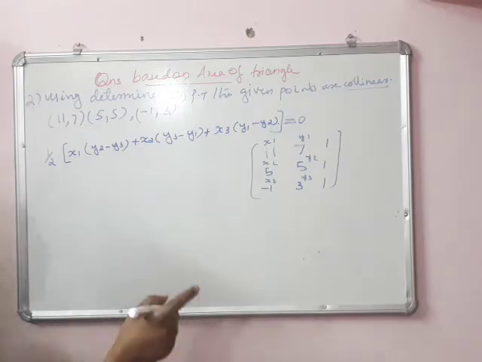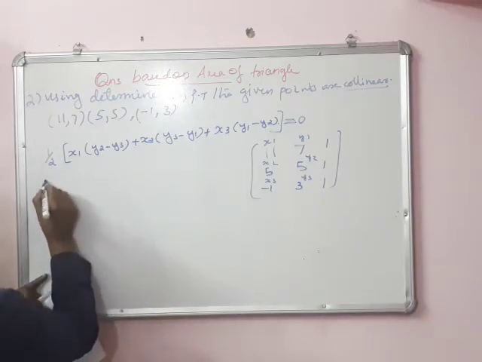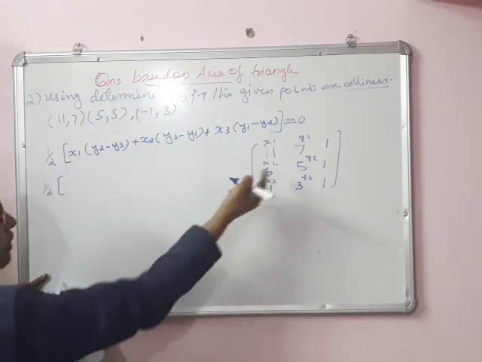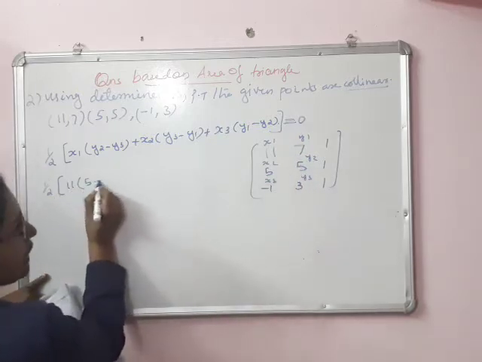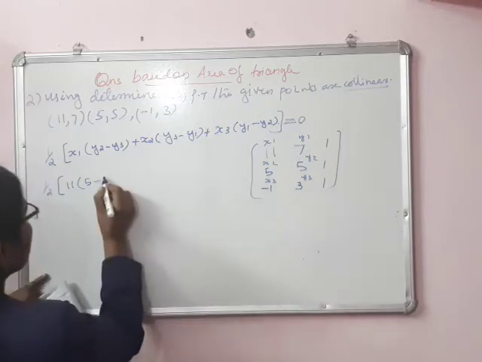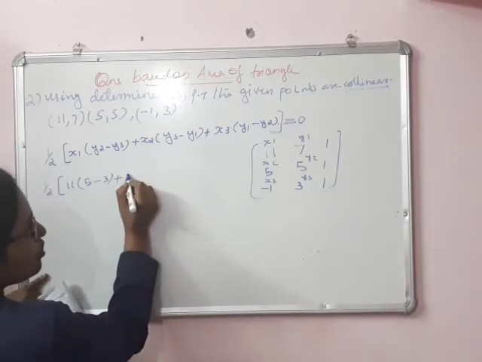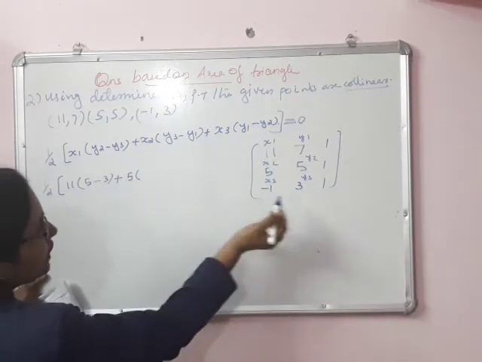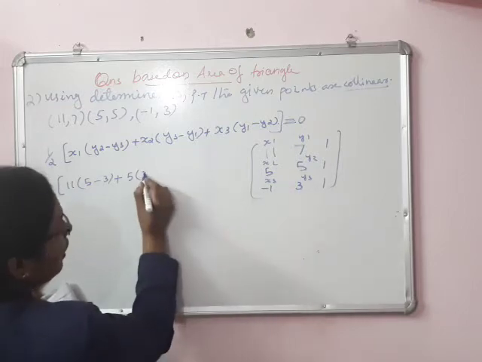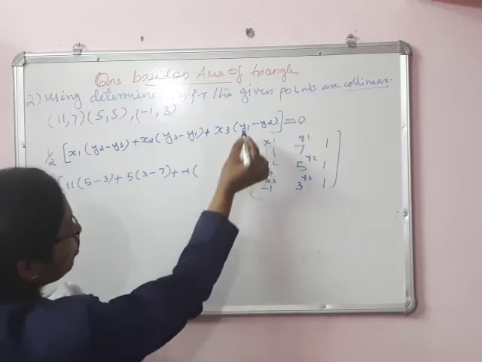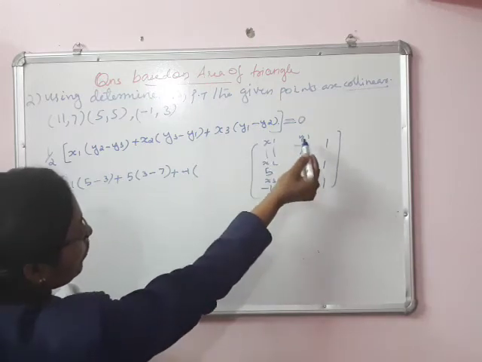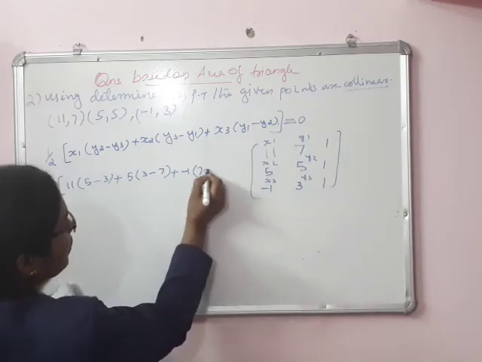Okay, I will solve one question for you. Then 1 by 2 into x1, 11, into y2 minus y3, 5 minus 3, plus x2, 5, into y3 minus y1, 3 minus 7, plus minus 1 into y1 minus y2, 7 minus 5.